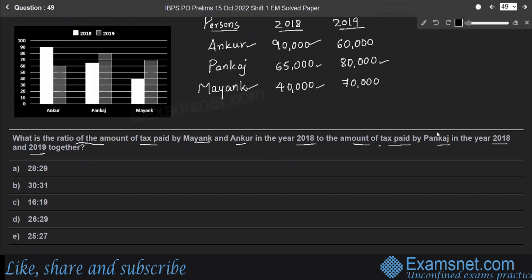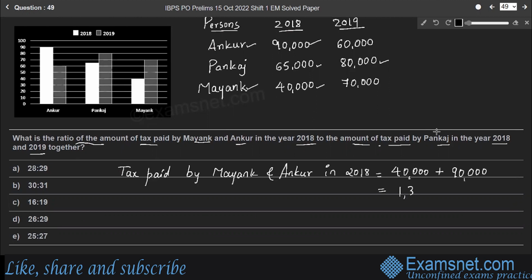So let us write tax paid by Mayank and Ankur in 2018 is equal to Mayank paid 40,000 plus Ankur paid 90,000 tax. So which is equal to 1,30,000 rupees.